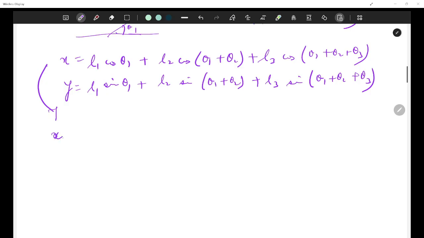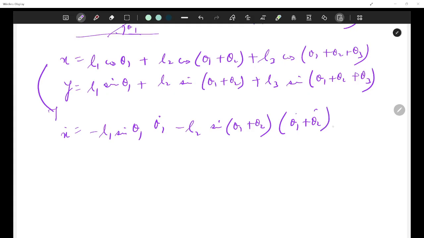So x dot is equal to minus L1 sine theta 1, since the differentiation of cosine is minus sine theta, right, times theta 1 dot, plus L2 sine(theta 1 plus theta 2). From here we'll have a minus sign coming, and the differentiation would be theta 1 dot plus theta 2 dot.